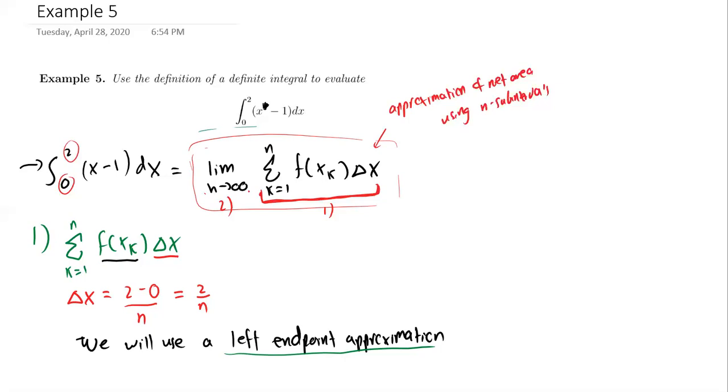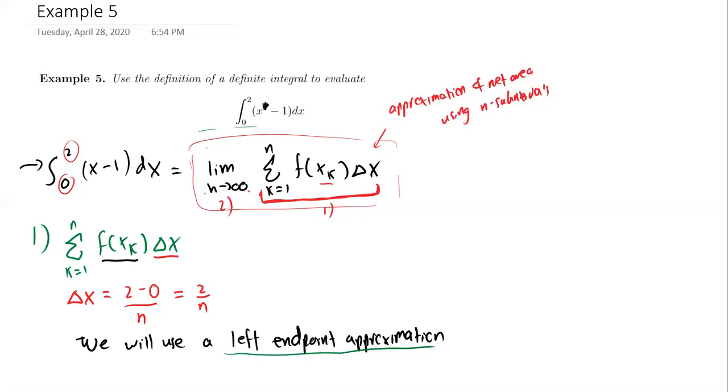Not only that, it also told us that this limit is going to be the same independent of what endpoints we choose in the approximation. Remember, the x sub k's are the inputs in each subinterval where we evaluate the function to get the height of each rectangle. So by the theorem that we saw in the previous section, it doesn't matter what approximation we use, it's always going to give us the same answer.